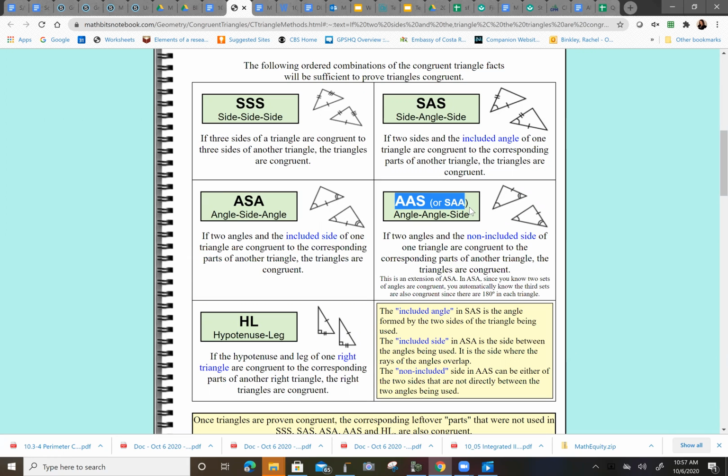Angle angle side, you could also read it as side angle angle, means the side is not in between the 2 angles. And hypotenuse leg you can only use on a right triangle. You have to know that the hypotenuses are the same and also that one of the other sides are the same.